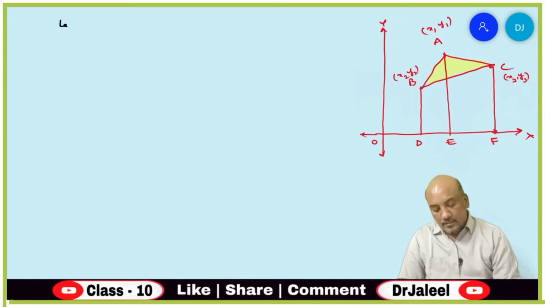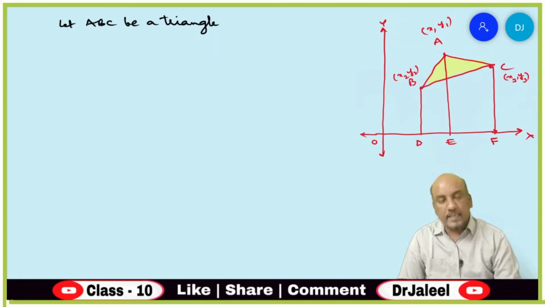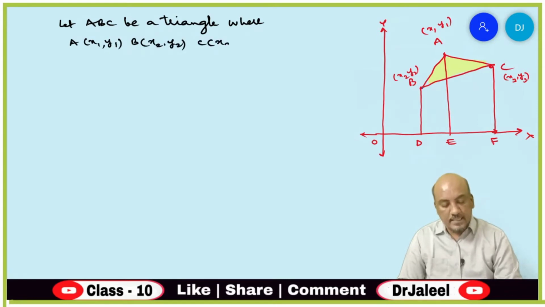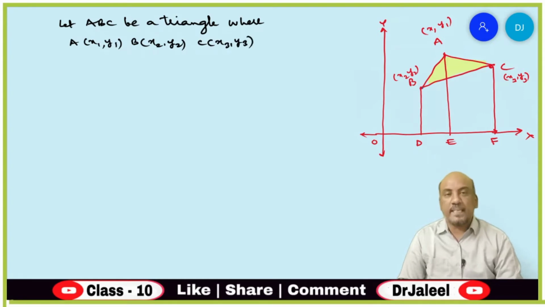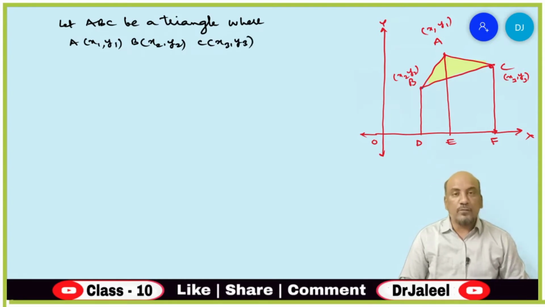Let ABC be a triangle where A is (x1, y1), B is (x2, y2) and C is (x3, y3). We have taken 3 vertices and we have drawn a few perpendiculars.